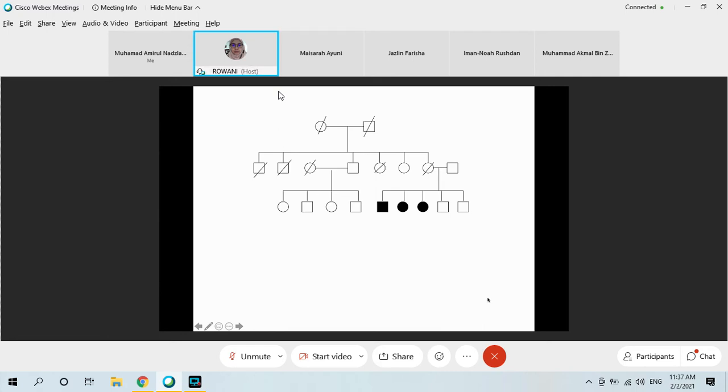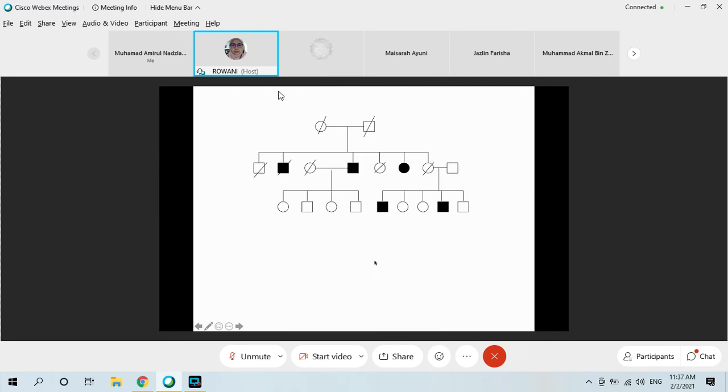In the family, both the female and the male offspring are affected, and there is horizontal transmission, so it could be autosomal recessive. And no other family members are affected, right? Okay. There are various possibilities I put there, but most likely it is autosomal recessive. You answer autosomal recessive, you got full marks already. Never mind, we forget about the rest.